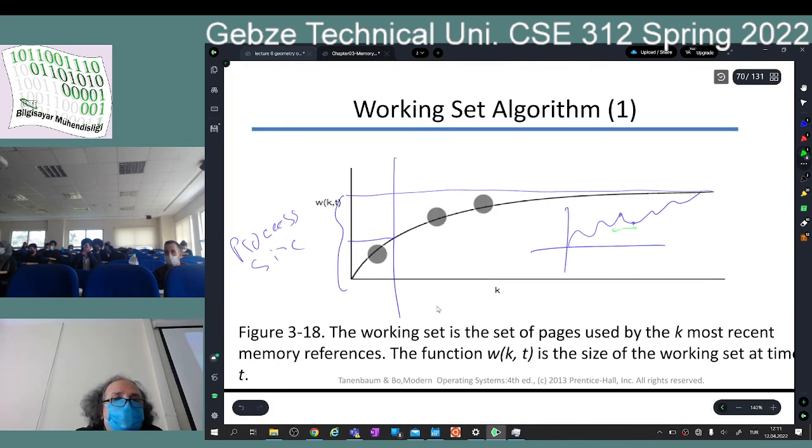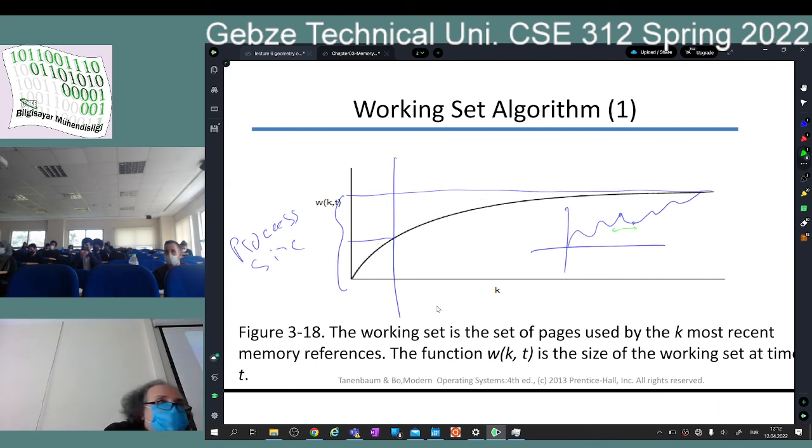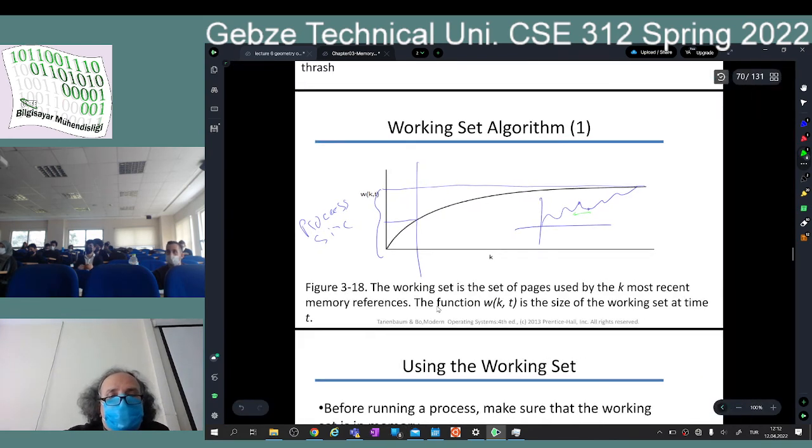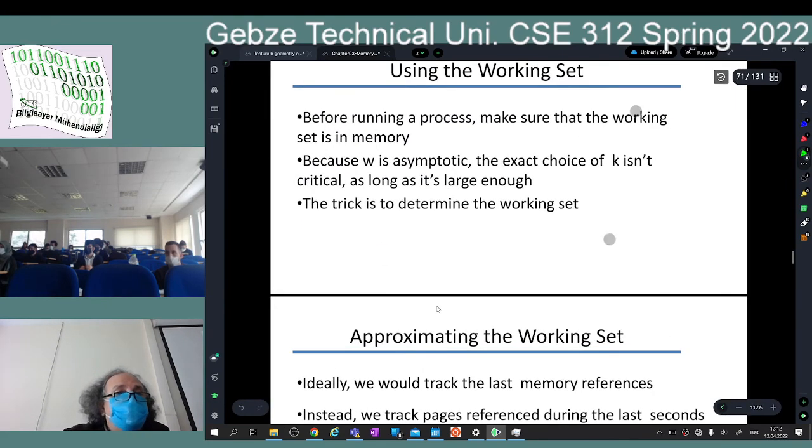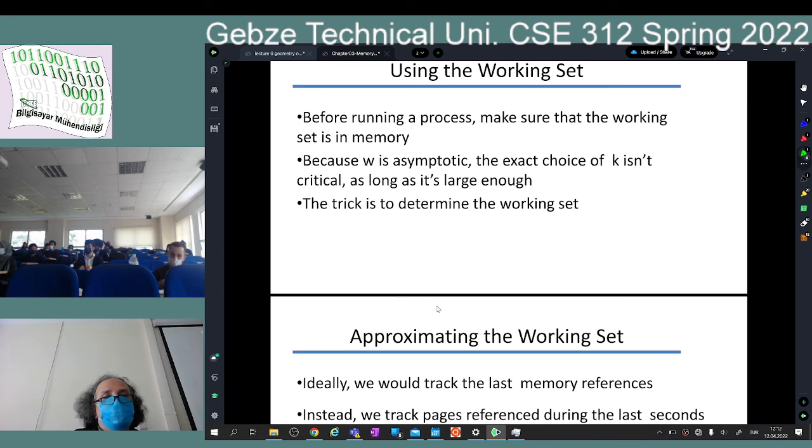Because this is a monotonically increasing function. Choosing a slightly different k will not make your results a lot different. So because W is asymptotic, the exact choice of k isn't critical, as long as it is large enough, as long as it includes all the things.